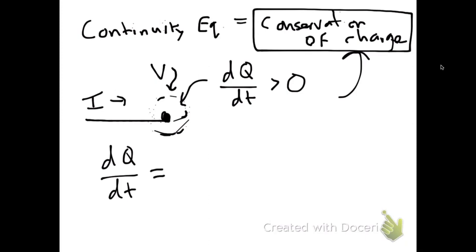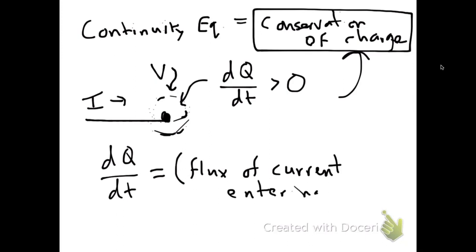Well, by conservation of charge, it is the flux of current entering S, the surface of that volume.